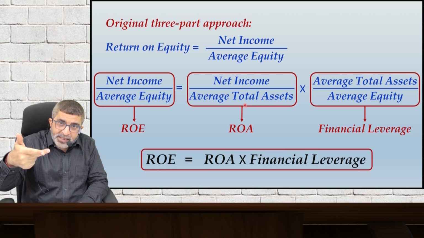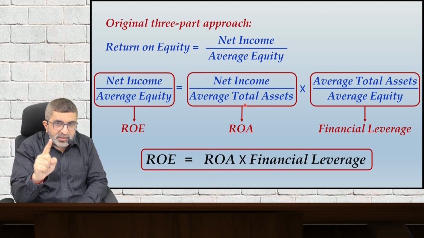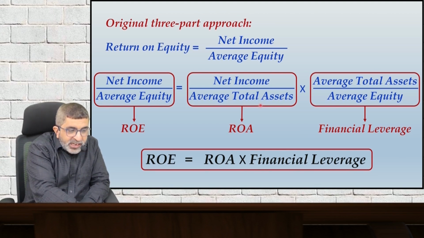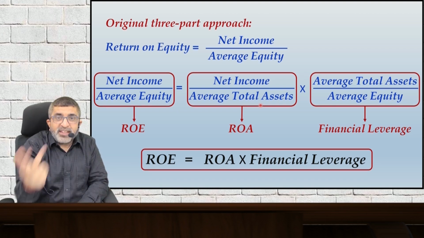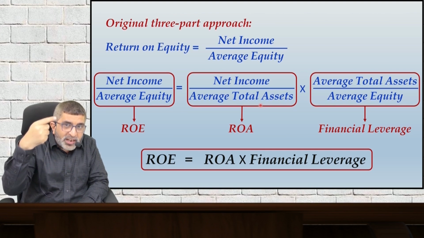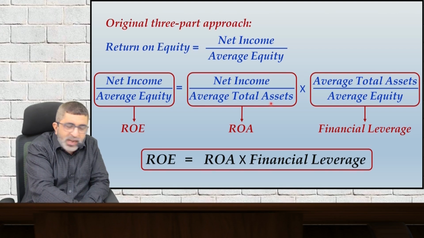So net profit after tax divided by sales will give you what? Net profit margin, correct, or net profit ratio. And then because we divided it by sales instead of average total assets, in the next term we are going to multiply the total revenue, that is your total sales, divided by average total assets. So eventually you will still get the same.